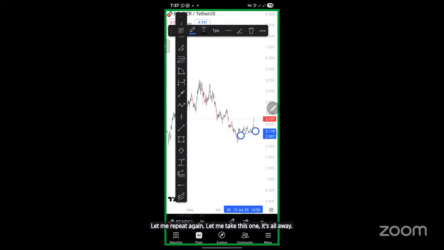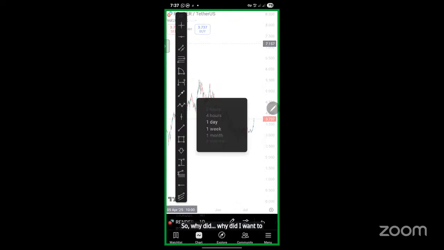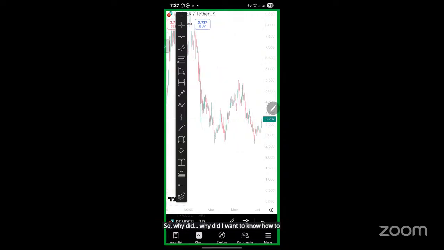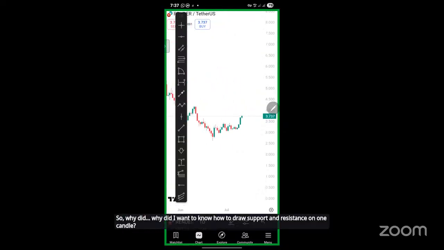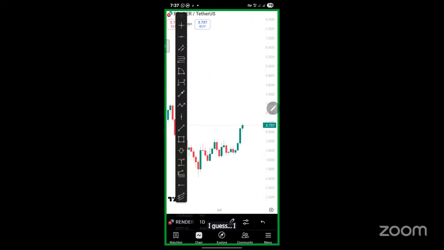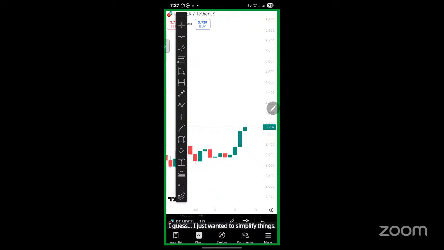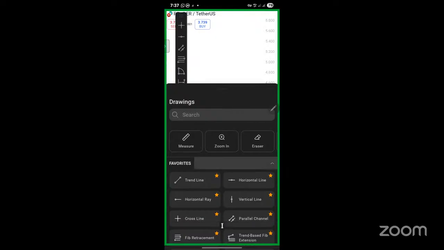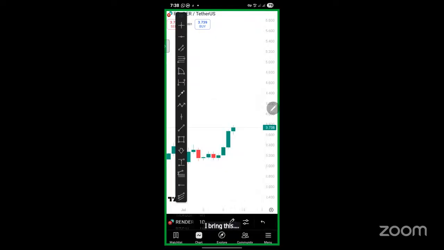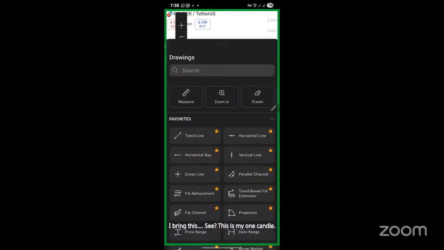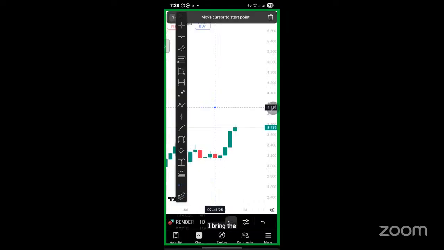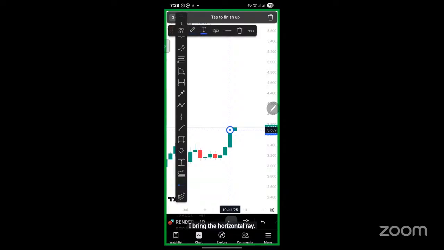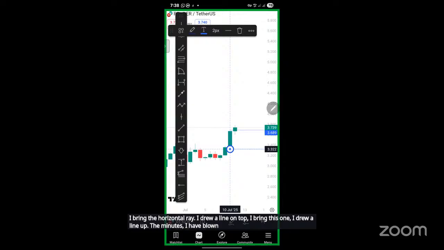So why did I want you to know how to draw support and resistance on one candle? I just wanted to simplify things: if this is my one candle, I bring the horizontal ray, I draw a line on top, I bring this one, I draw a line below. It means I have drawn support and resistance on one candle.